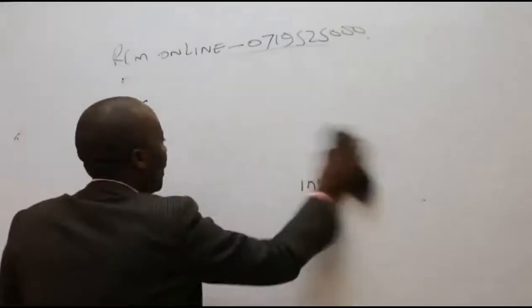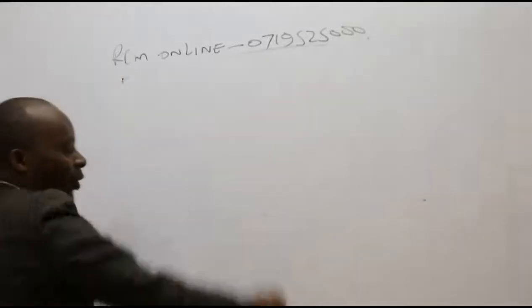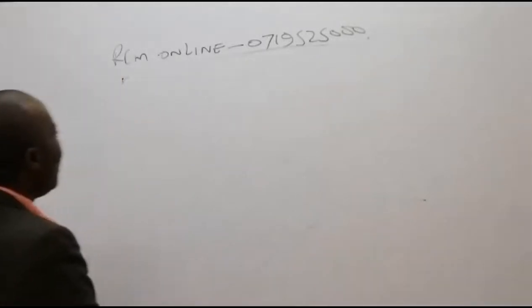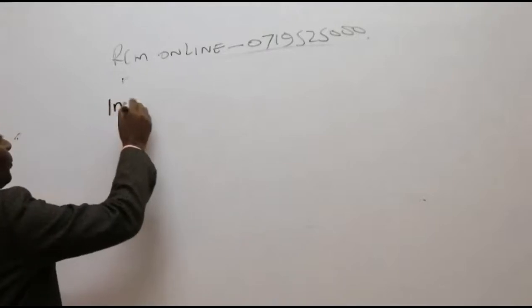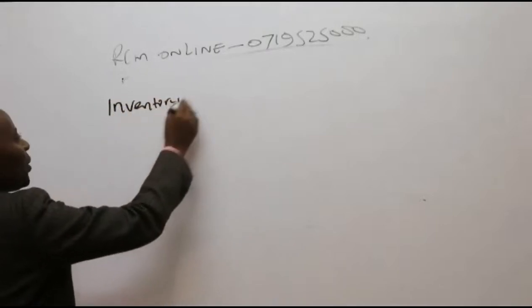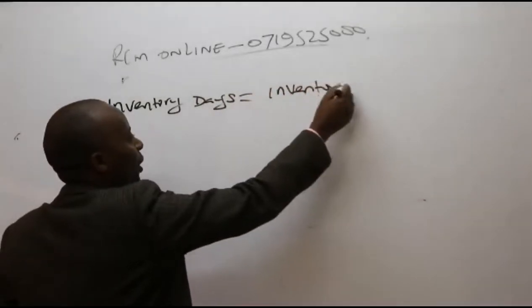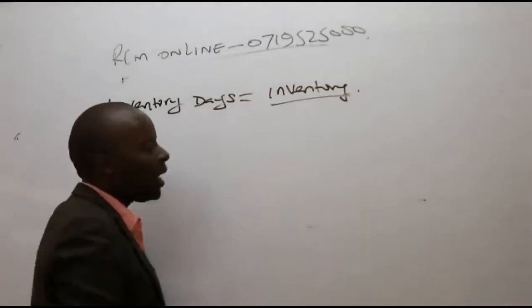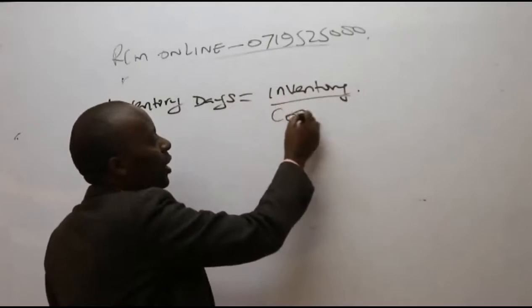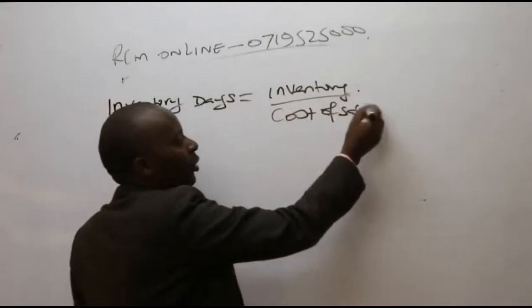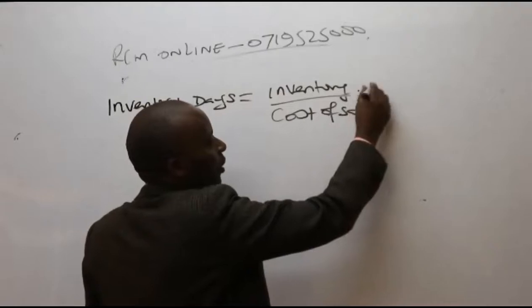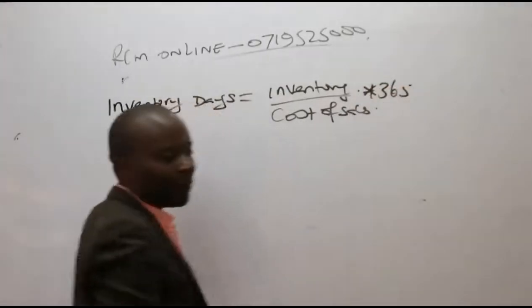That's quite easy. 5 ratios, I'm going to pick them very easily. So we start with inventory days. We have inventory over cost of sales, and of course, it's not lost on me that inventory is normally found under cost of sales, times 365.